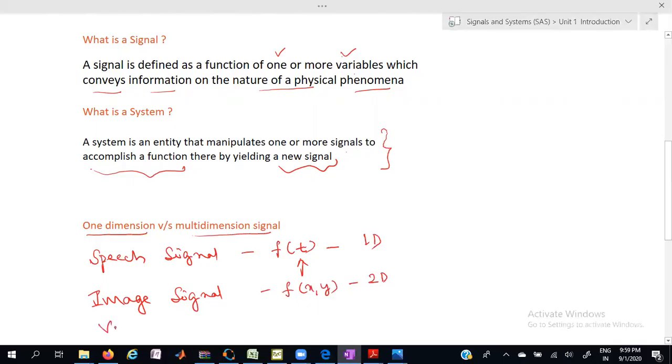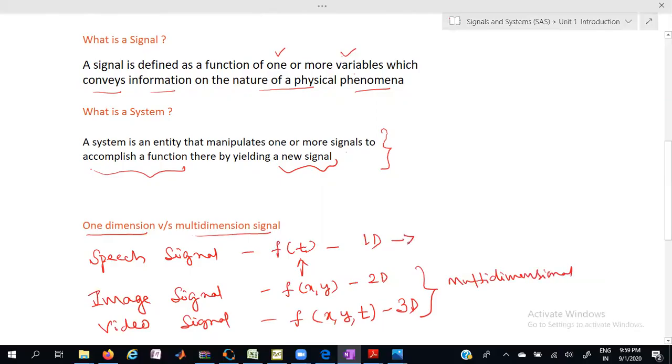Suppose it is a video signal, then the signal will be not only a function of x and y, but also a function of another variable t. As the time changes, the contents of the video signal change. So it is a three-dimensional signal. That means this comes under multi-dimensional signals, and speech is an example of a one-dimensional signal.